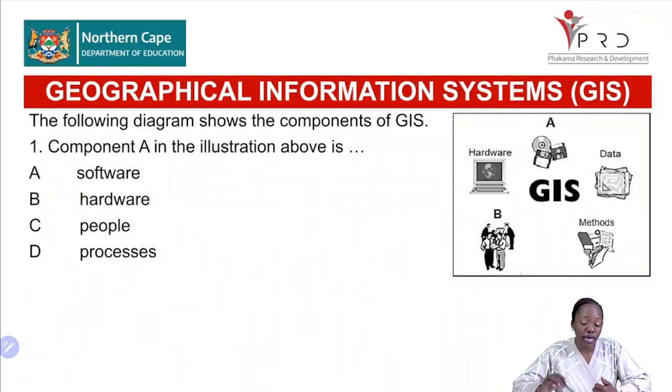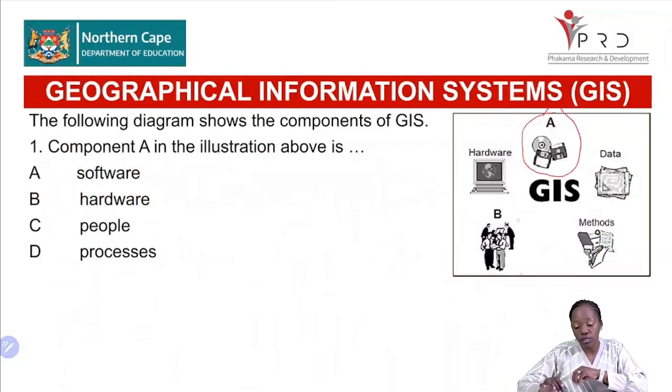So let us look at our questions. Your component A in the illustration above is, we're looking at A. Is it a software? Is it a hardware? Is it people? Or is it processes? So to make things easier, when you answer such questions, the ones that you are already given, like your hardware, as well as your methods and your data, should they also be included, you just cross them out.